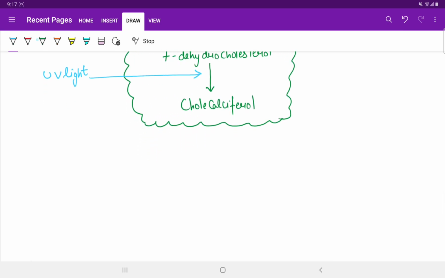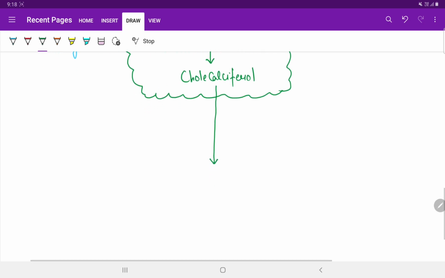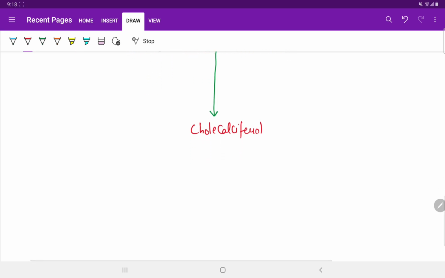This cholecalciferol then travels into the liver, and in the presence of the enzyme 25-hydroxylase, it is converted into 25-hydroxycholecalciferol.